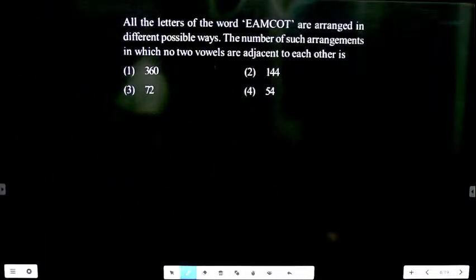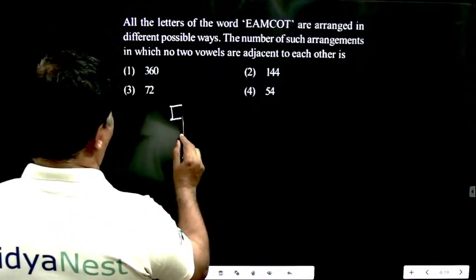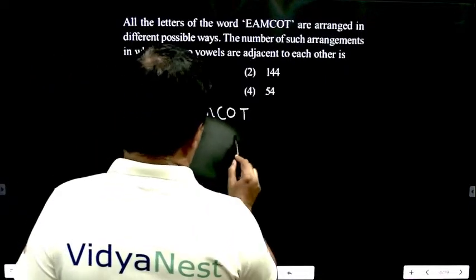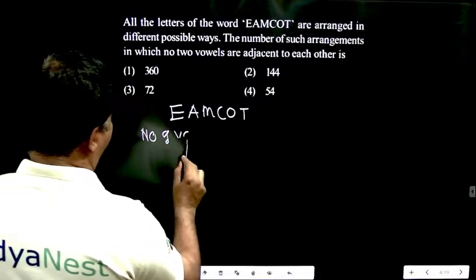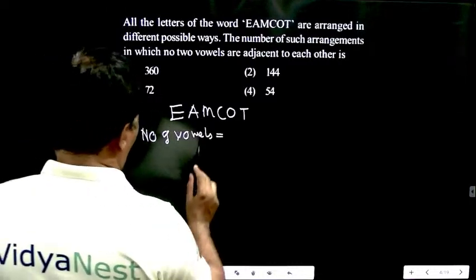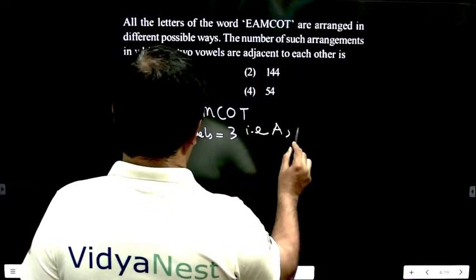How to put the vowels in adjacent position. That is the big issue. First you tell me, in this word, number of vowels, 3. That is A, E, O.